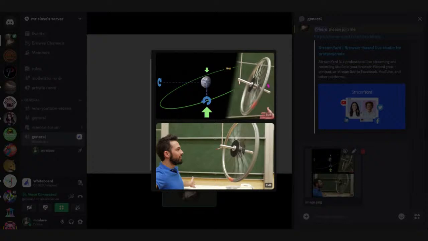So the force pulls me down, and this is the arm, so it's R cross F, which means the torque keeps changing, the torque at any given time. So this is R cross F, which means the torque. Yeah, she's right.